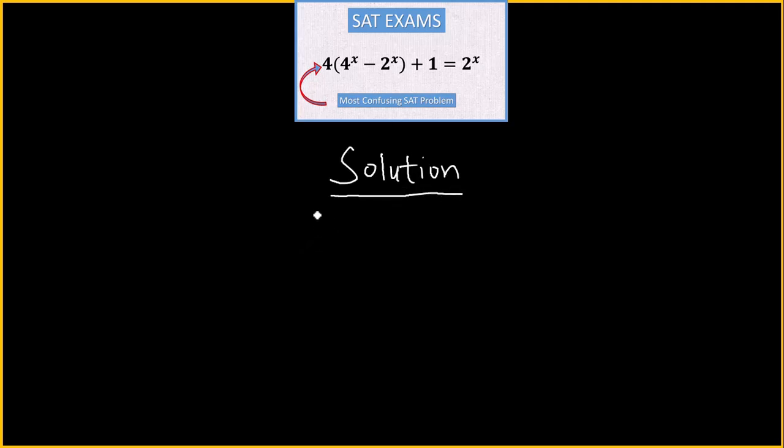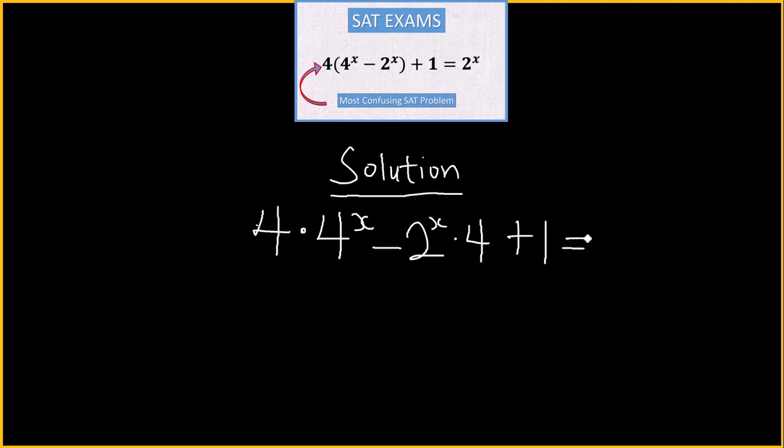Now, the first thing to do is to expand our bracket. 4 multiplying 4 raised to the power x, minus 2 raised to the power x by 4, plus 1 equals 2 raised to the power x.